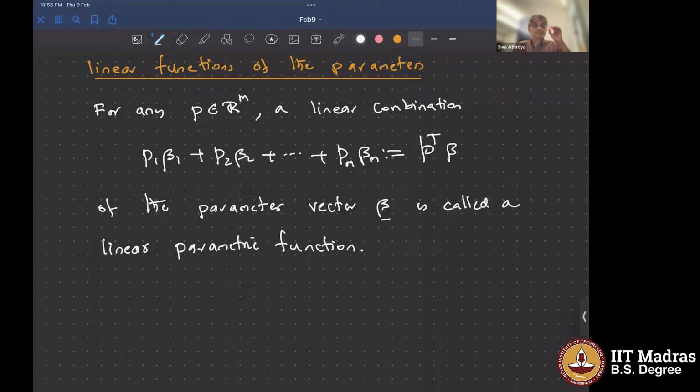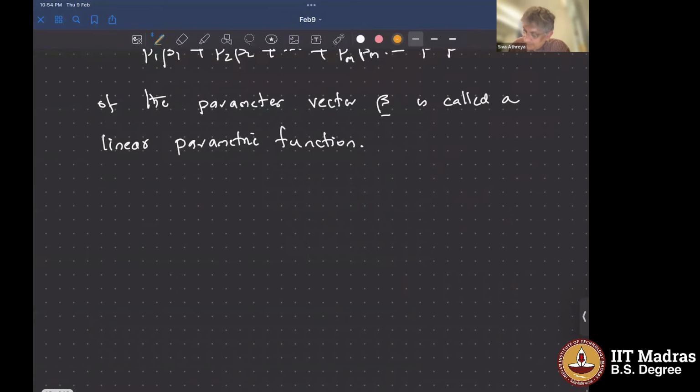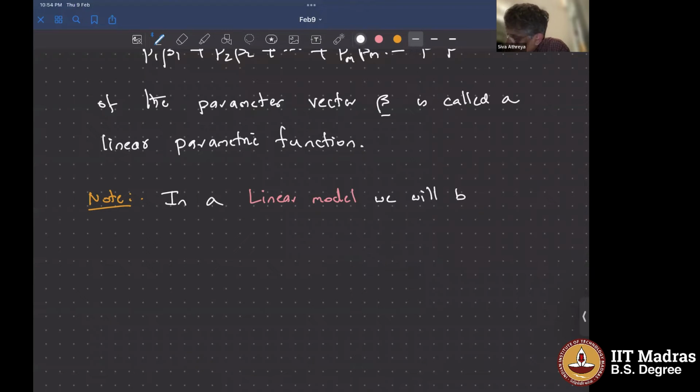Very good. So this is something I'll now fix as my subproblem. I'll note right now, once and for all, that in a linear model we'll be interested only in linear parametric functions.